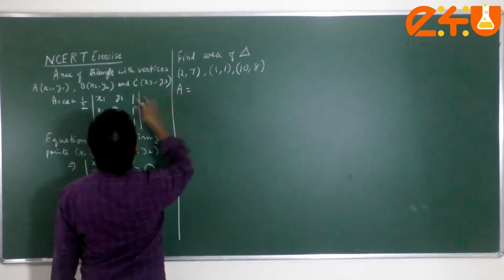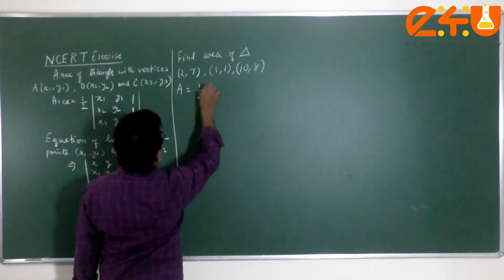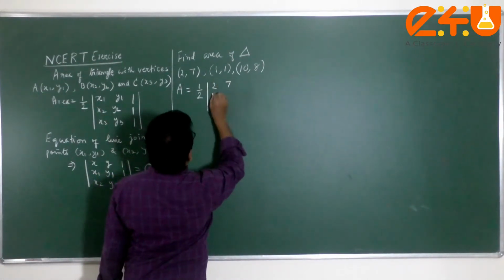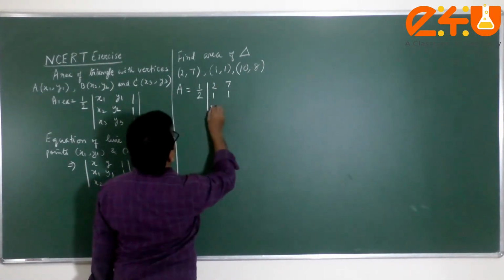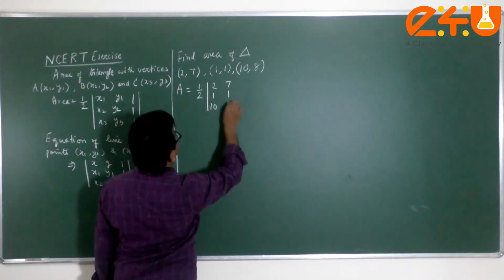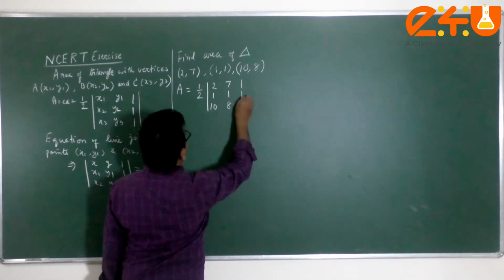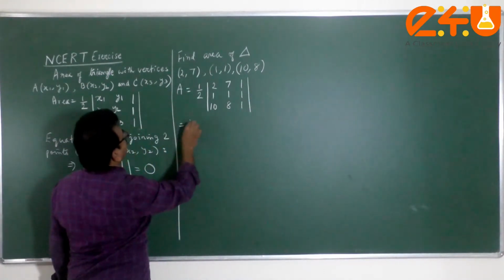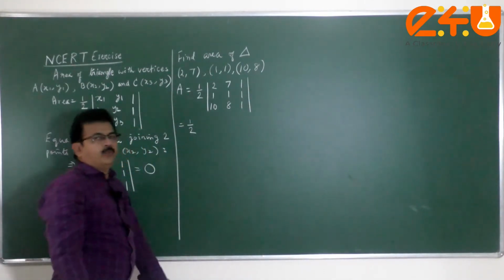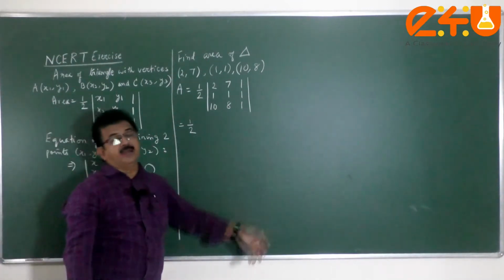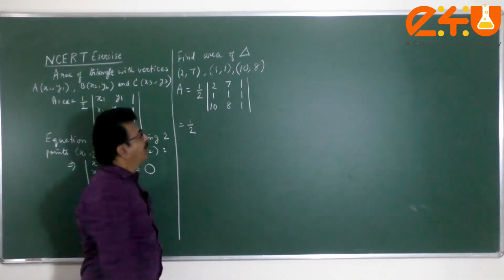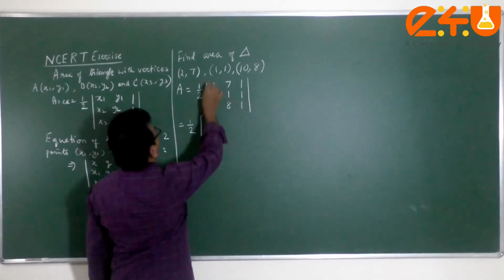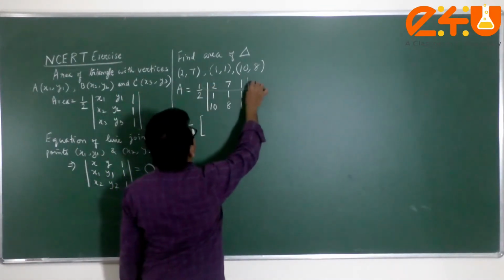So apply it in the same formula: x1, y1, x2, y2, x3, y3, column 3 filled with ones. And you can follow any method of evaluating the determinant. Nothing is prescribed or fixed.